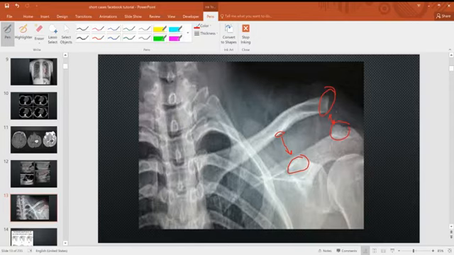Normally, what is the distance between the acromion and the clavicle, and what is the distance between the coracoid process and the clavicle normally?